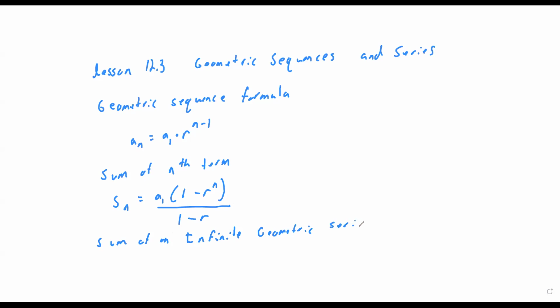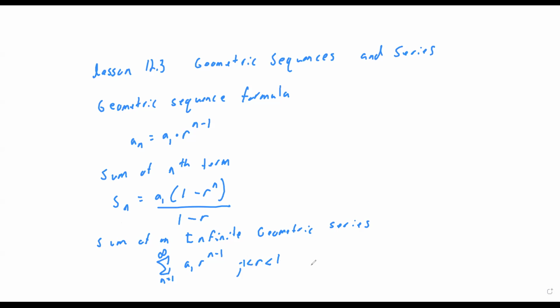And then if you're looking for the sum of an infinite geometric series, again, just like before, you need to determine if something like this is converging or diverging. To do that, if r is less than 1, really and truly the absolute value of r, let's do it like this. Let's say -1.